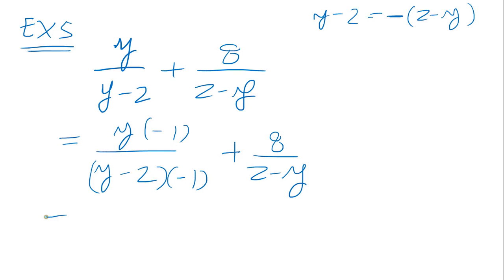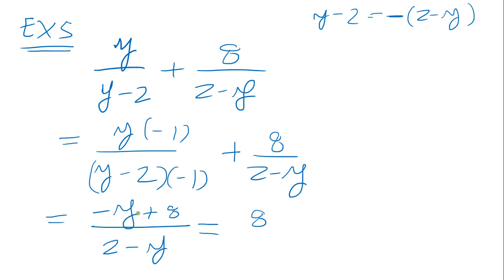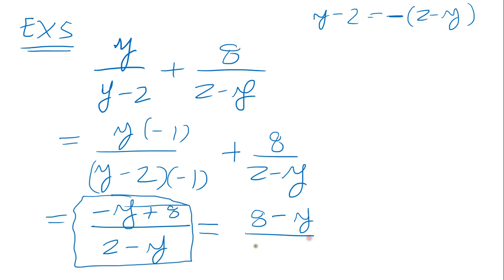So basically I end up with minus y plus 8 over 2 minus y, which is, this could be an acceptable answer, or you can, if you're better this way, both are acceptable. Either one of those is acceptable.